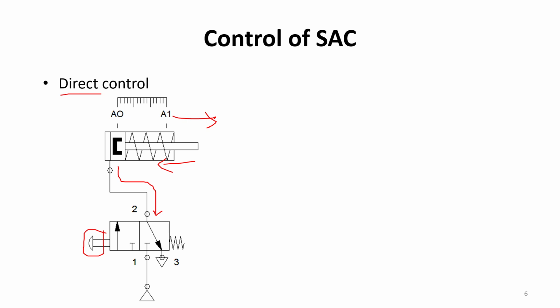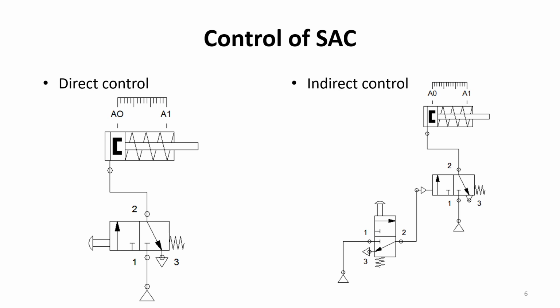Whereas in indirect control of a single acting cylinder, it is the same 3/2 DCV, but it is not controlled manually. It can either be a pilot actuated DCV which requires a pneumatic air supply, or a solenoid actuated DCV which requires an electrical supply for the solenoid to get energized and actuate the DCV.